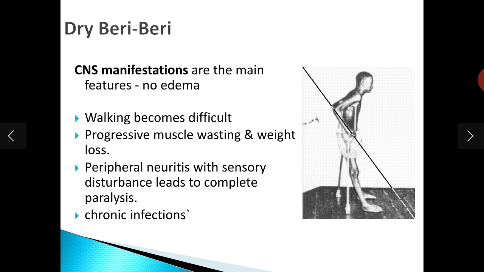Peripheral neuritis with sensory disturbances may lead to complete paralysis, and there will be chronic infections in dry beriberi. Here you can see the picture where there is difficulty in walking, muscle wasting and weight loss in the patient.